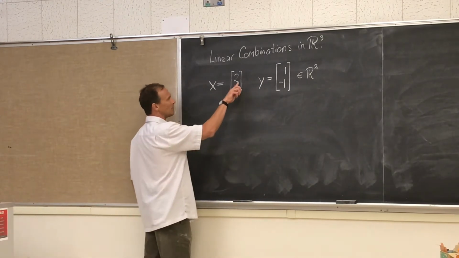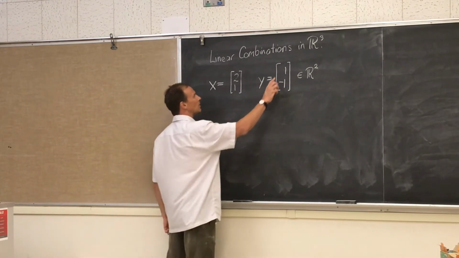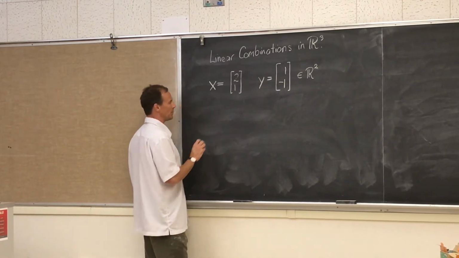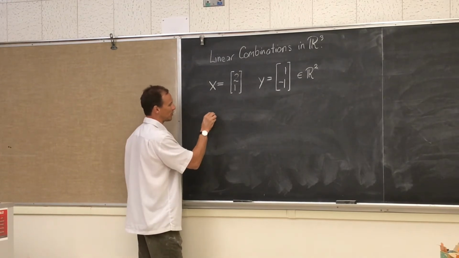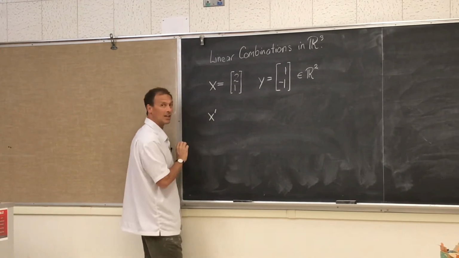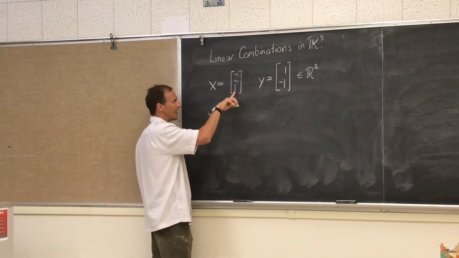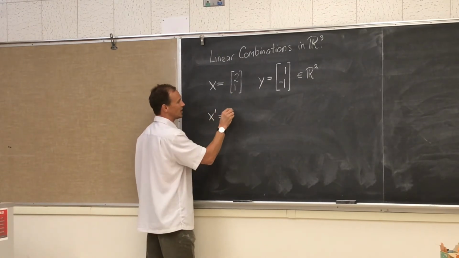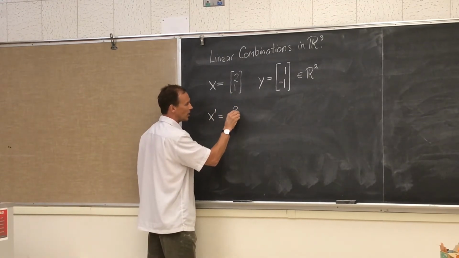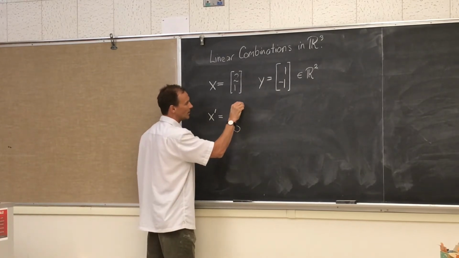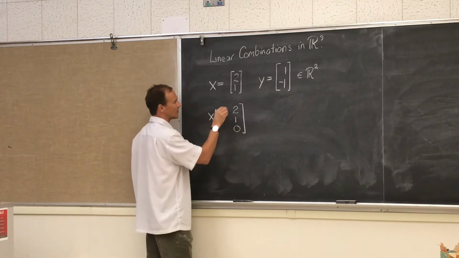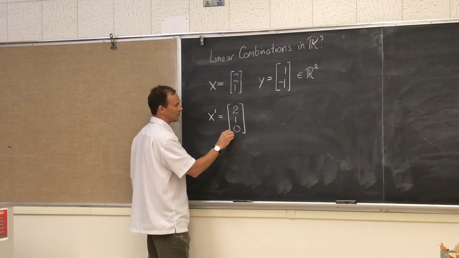I still want my 2 and my 1. I want my y to be 1 and minus 1. But I'm going to change them so that they're in R3, and I'm going to call it x prime, to note that it's still based on this x, but it's being changed. How is it being changed? Well, we saw earlier that the xy plane in R3 has z equals 0.